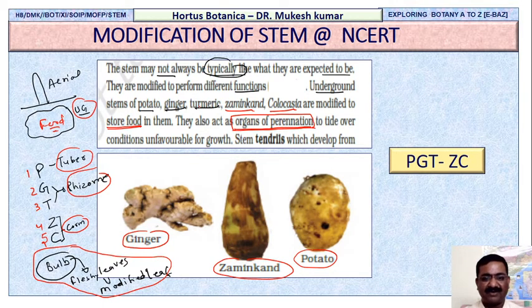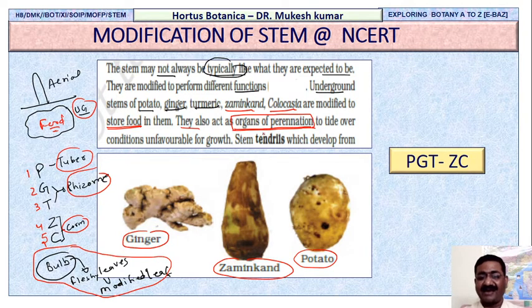That's why it is written that they also act as organs of perennation. I think it is very clear what the organ of perennation is. Perennation means unfavorable conditions are there, and organs here means the stem. The stem is the organ of the plant which is not aerial, rather underground, and it is under unfavorable conditions rather than normal or favorable conditions.